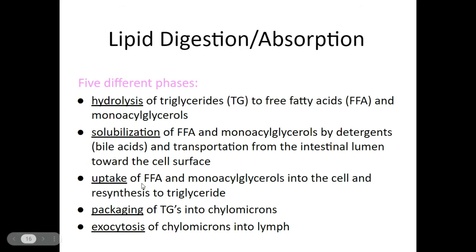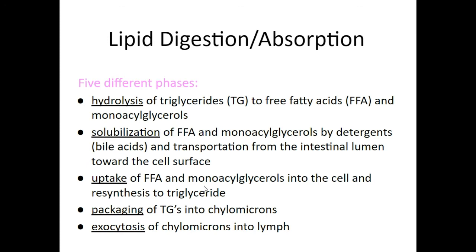Next phase is uptake of free fatty acids and monoacylglycerols into the cell and resynthesis to triglycerides. So this is absorption, since digestion is done because we already have pancreatic lipase that produced free fatty acids and monoacylglycerols or monoglycerides. So they are taken up by the small intestine cells on the way to the lymphatic system.